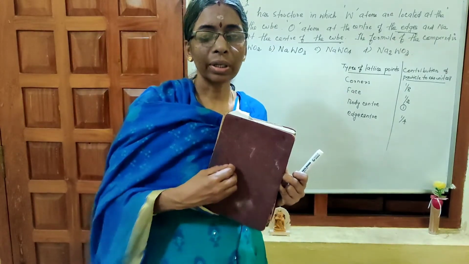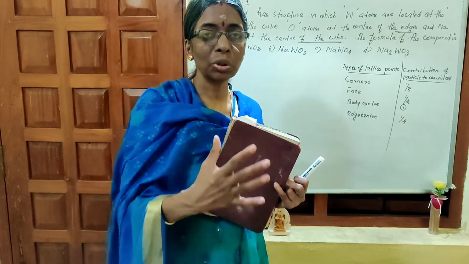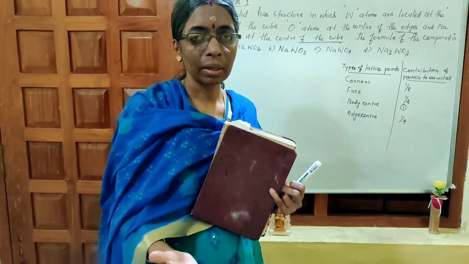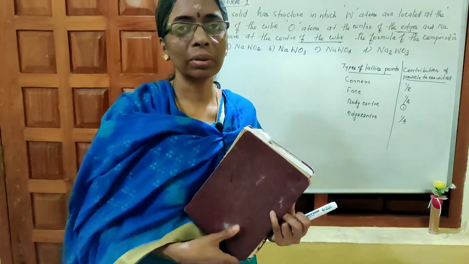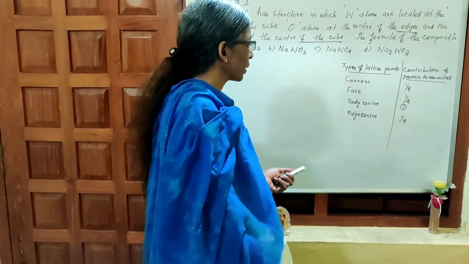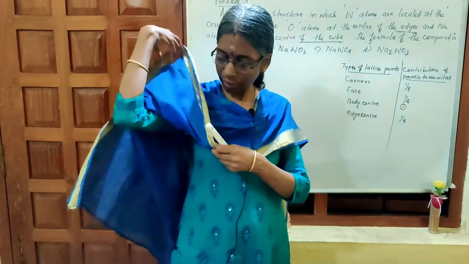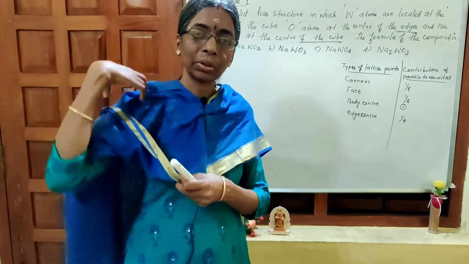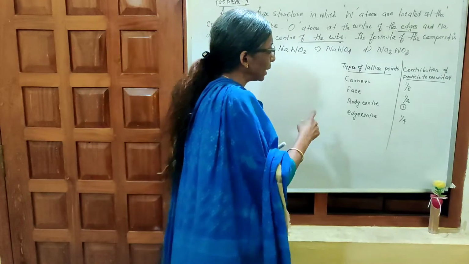Here one atom is there, it is shared by 2 unit cells. So half belongs to this one, half belongs to that one. So shared by 2, so 1/2. Next one, body center, not shared by anything, so you get 1. Okay. So next one, edge center.